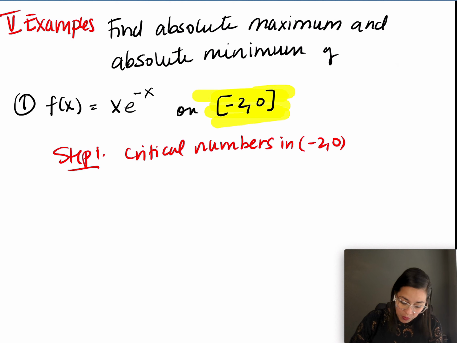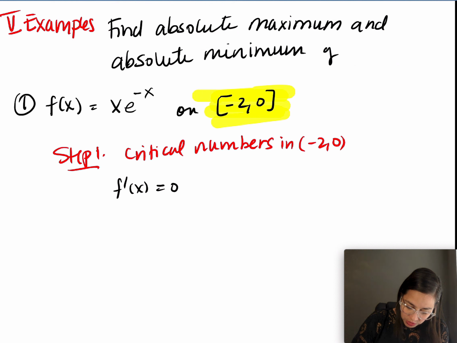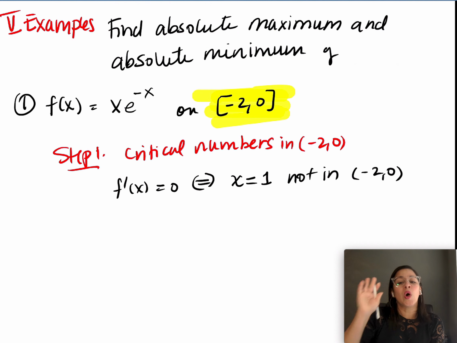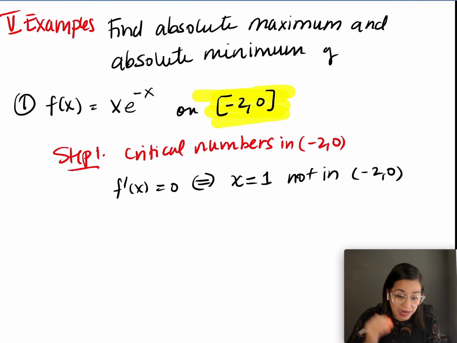So we saw that f prime of x is equal to 0 if and only if x is equal to 1. But this is not in [-2, 0], so I will not consider 1 in my next step.